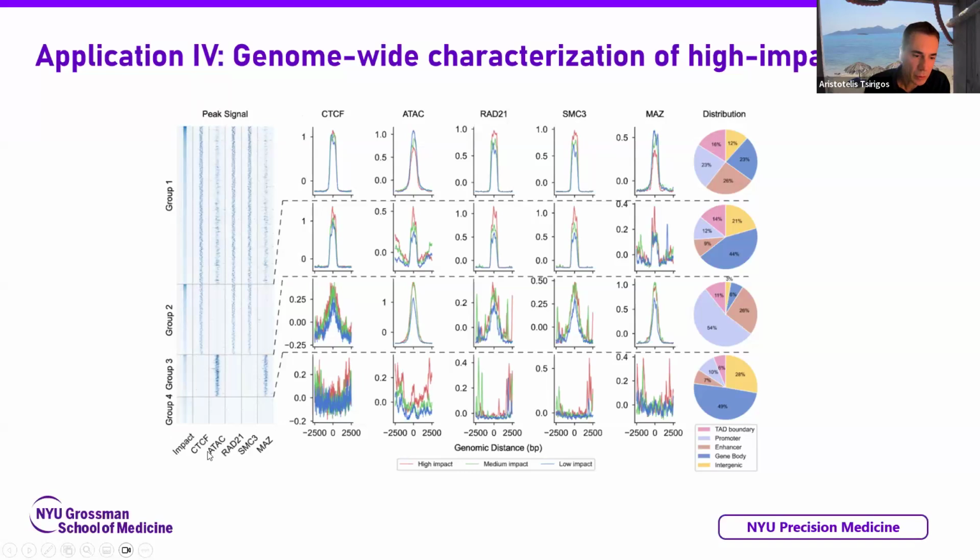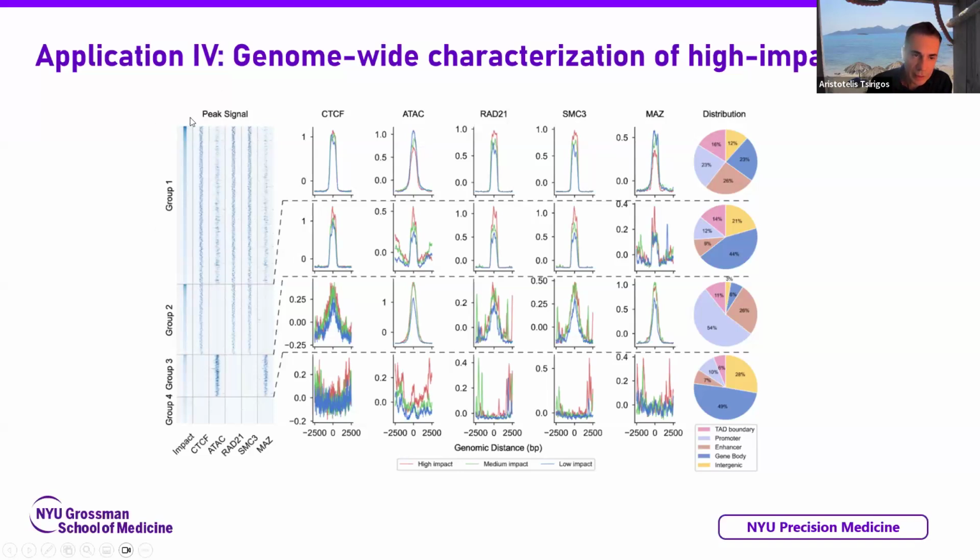So what you see here on the first column is the impact score as predicted by the in silico perturbation pipeline. And what you see here is different ChIP-seq experiments for different factors and also ATAC-seq. So what you see in group 1 is binding by CTCF and cohesin factors, which makes sense. This is something you expect to see. You expect elements that are bound by CTCF to be impactful in terms of 3D genome organization.